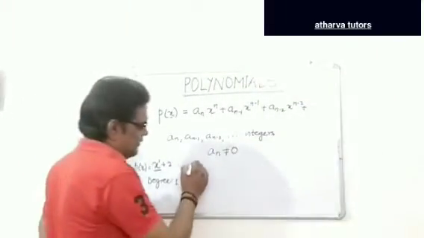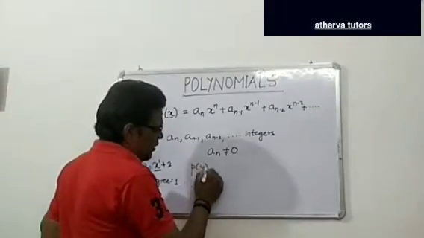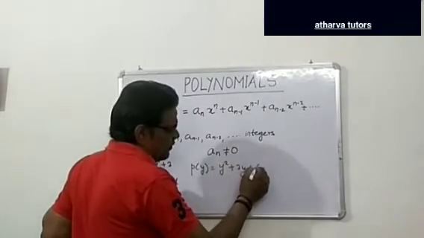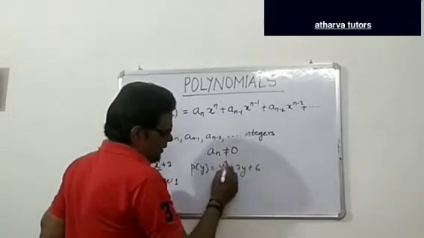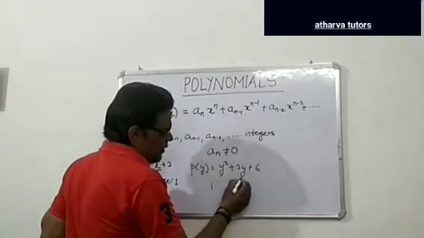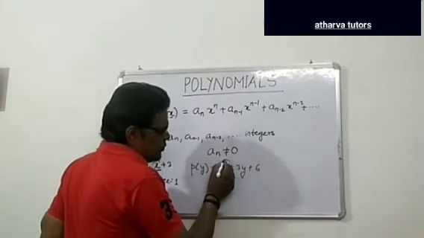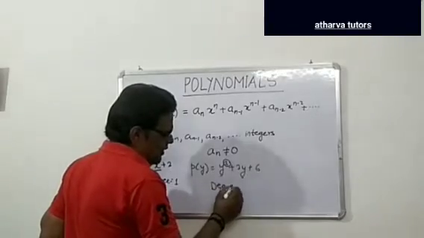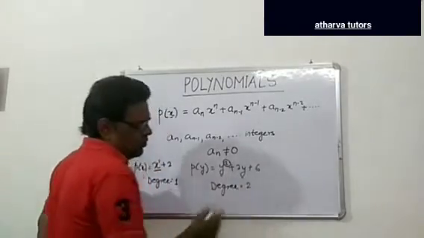In similar fashion, if you had something like this, you had told that now since here the variable is y and the highest power on the variable is 2, so you had told that the degree is 2.